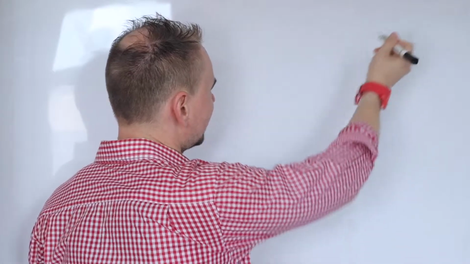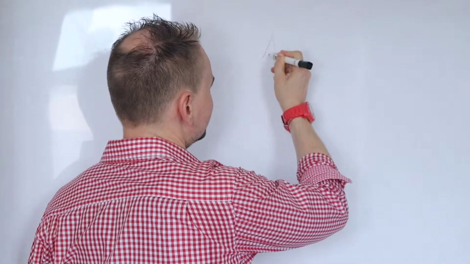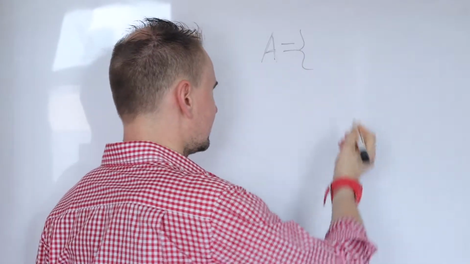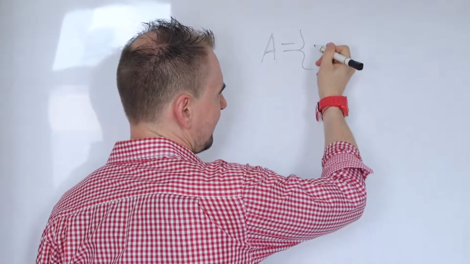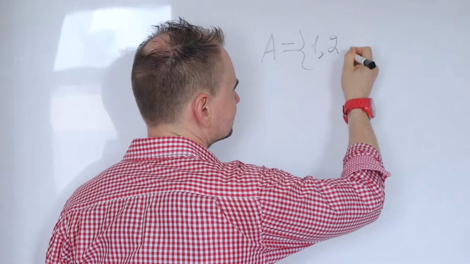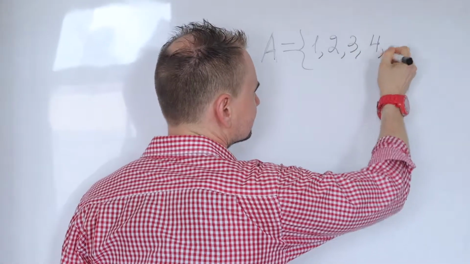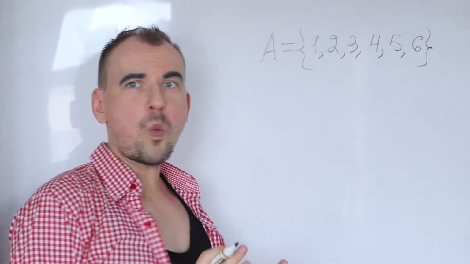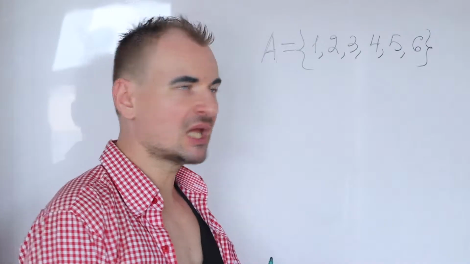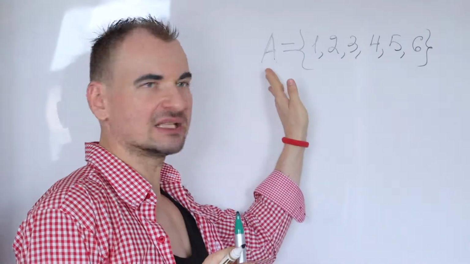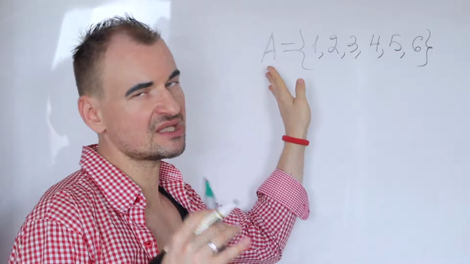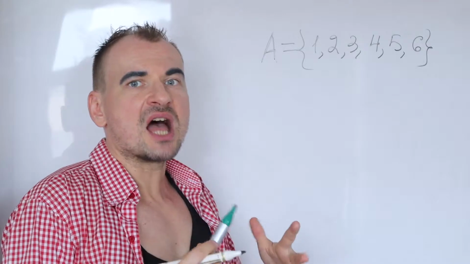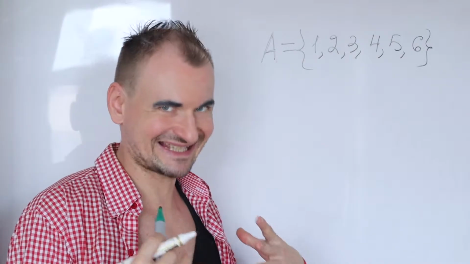Let's take a look at an example. Suppose you are given a set, let's say A, which has the following elements. Typically, capital letters such as A, B, C, X, whatever, are used to represent sets.